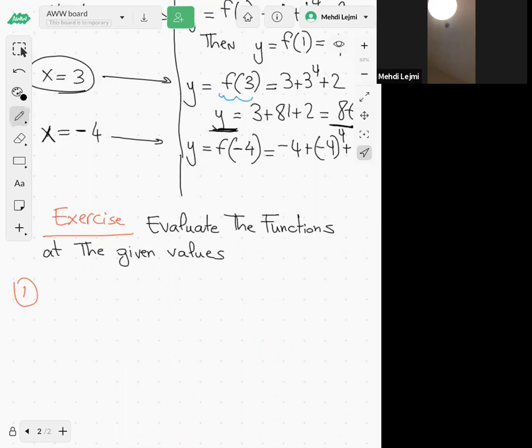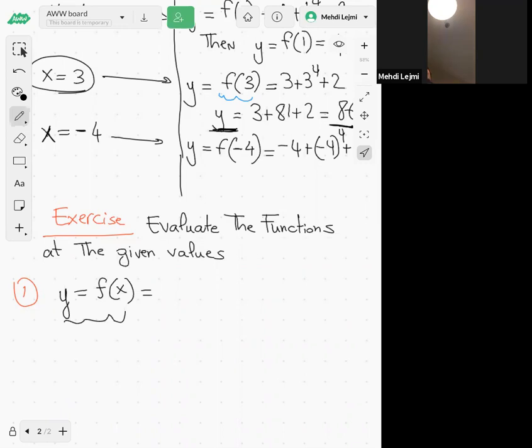Then the expression in x will be your f of x. So y is equal to f of x. When you write y is equal to f of x, it means that y is a function of x. It means that y is the output and x is supposed to be the input.